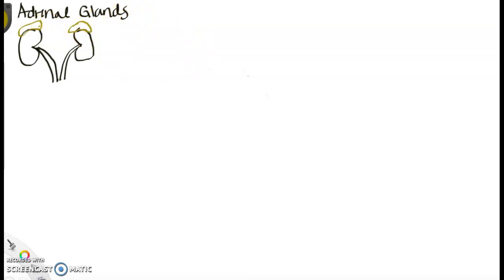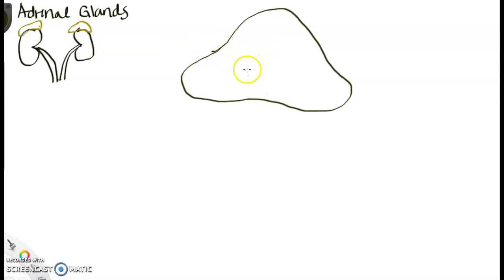So we already know, or you should already be familiar with the fact that there are two parts to the adrenal gland. So here's my adrenal gland. And we know that there's an outside and an inside.